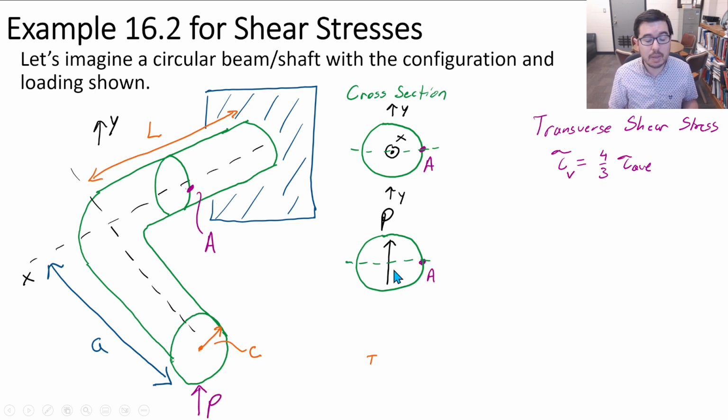It is going to be maximum at this neutral axis, and that's the contribution of P to a transverse shear stress. That's pretty much it.